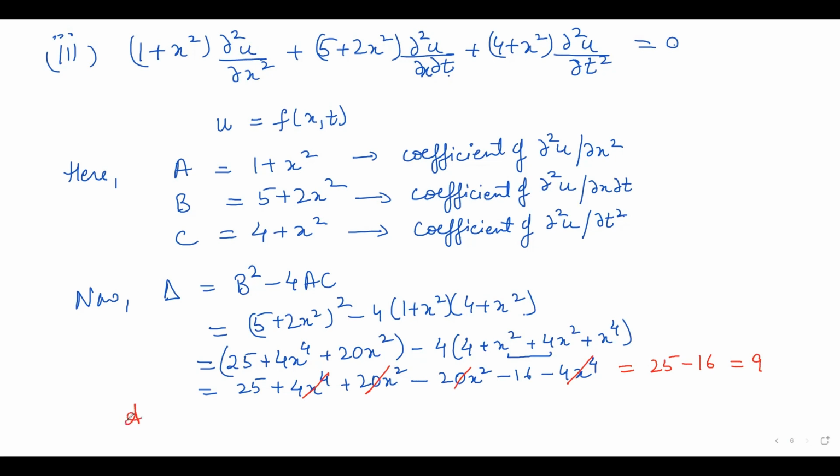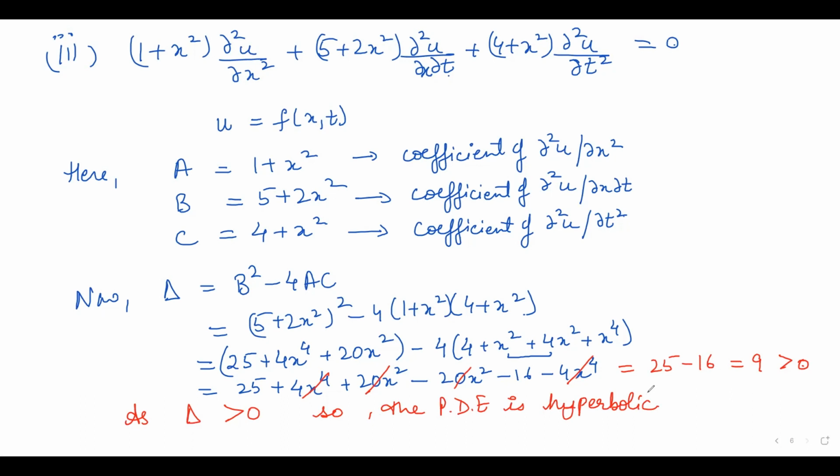Now, as delta is greater than 0, because 9 is greater than 0, the PDE is hyperbolic, because our b square minus 4ac is greater than 0.